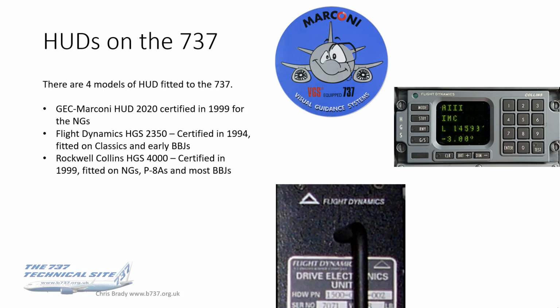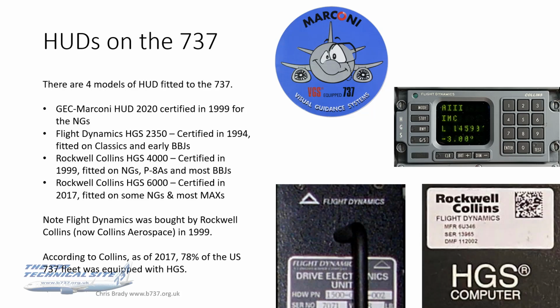Rockwell Collins, who Flight Dynamics became, then came out with the HGS 4000 in 1999, and this was really for the NGs. So it's fitted on the NGs, the P8s, and most of the BBJs. That was superseded by the HGS 6000 in 2017.